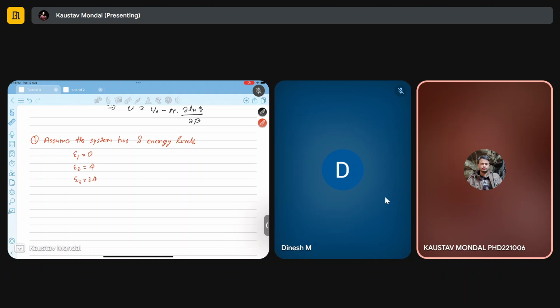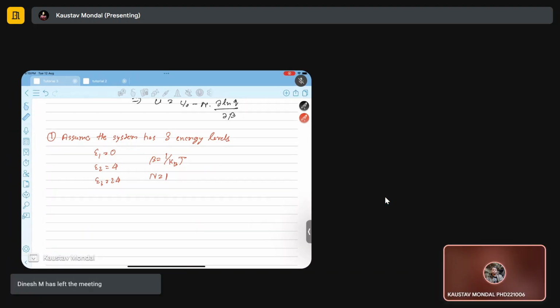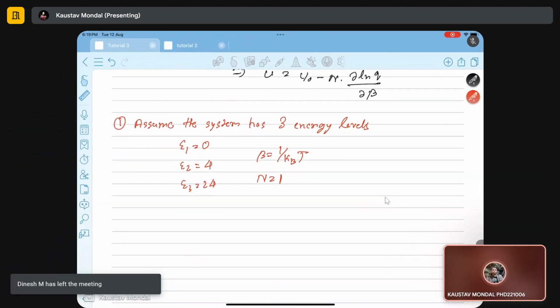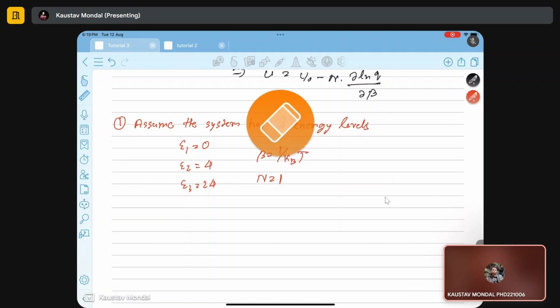Okay. Here beta has the value 1 by kBT, and we are calculating for a single particle. So N equal to 1. If there are more particles, then we have to do it in a different way. But just for the simplistic case, we are considering a one particle system.